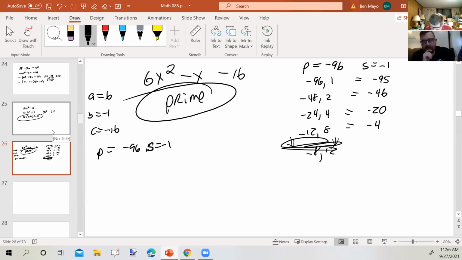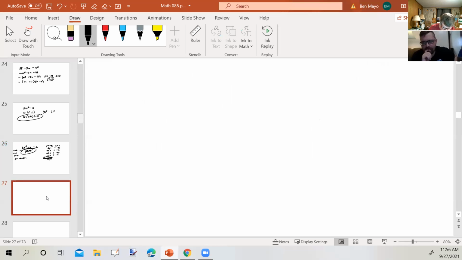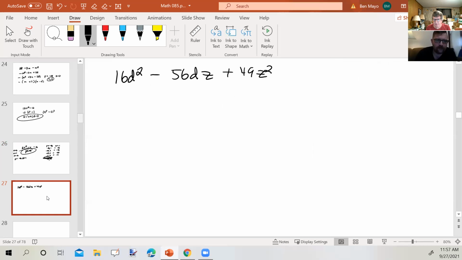Okay. Let's see here. How about this one? 16d squared minus 56dz plus 49z squared. Here is a trinomial.